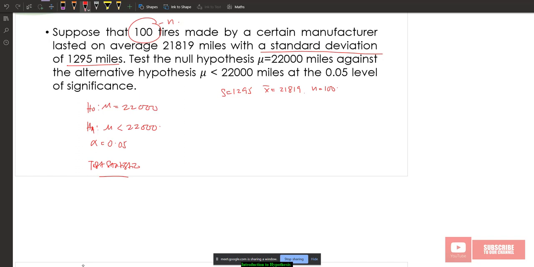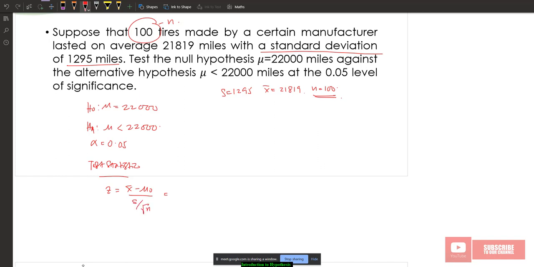Since we don't know the population variance, but the sample size is more than 30, we're going to use the Z distribution: x bar minus mu naught divided by S over square root of n.